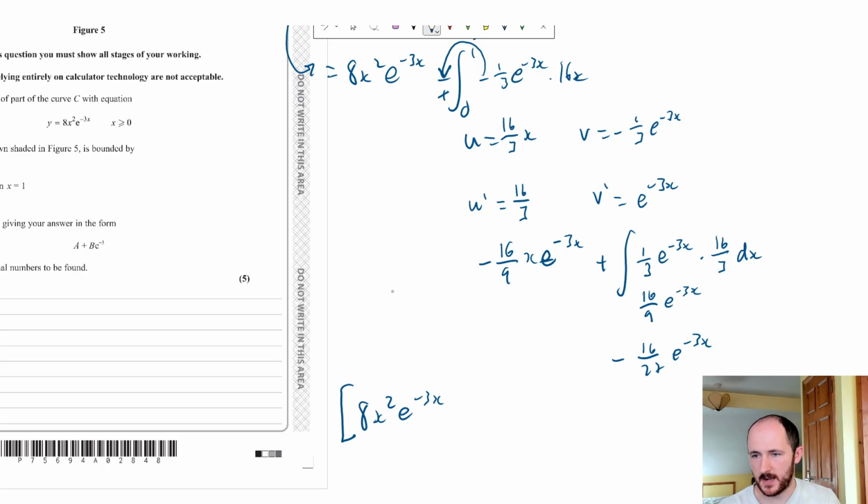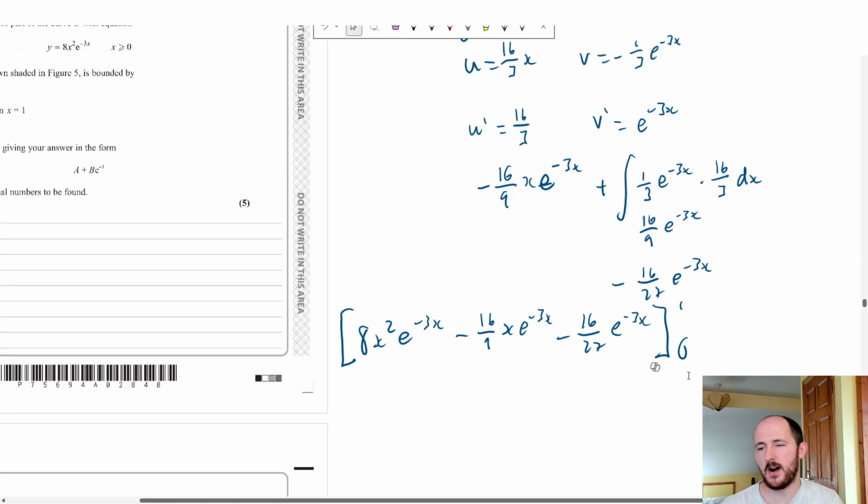Then we get plus all of this and this. So we're just going to keep it negative, I guess, and that's fine. Minus 16 over 9 x e to the minus 3x minus 16 over 27 e to the minus 3x, and we're subbing in 1 and 0.